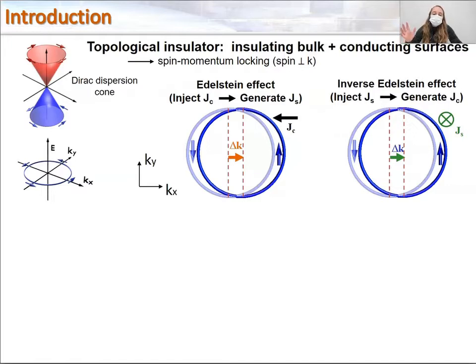So if we take the point of view of spintronic application, this property is particularly promising, as the Edelstein effect can create a spin accumulation from a charge current in the surface state. And inversely, the injection of spin current creates a net charge current by inverse Edelstein effect.